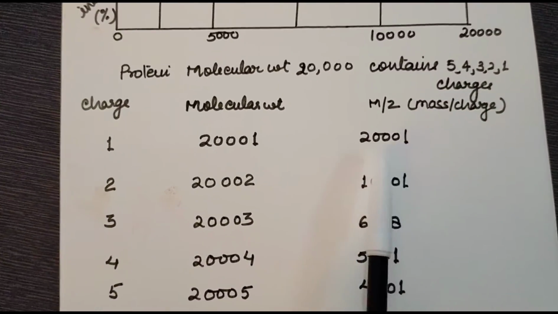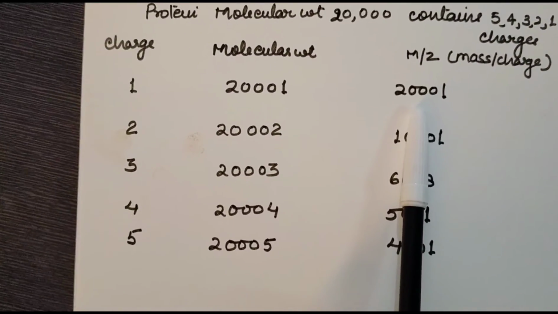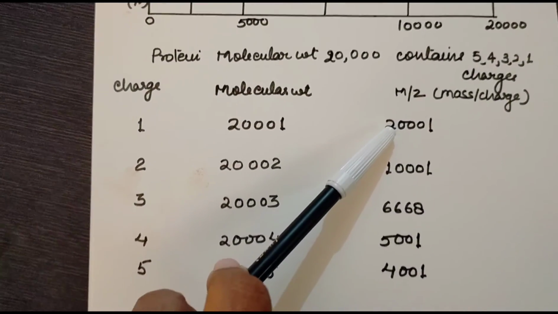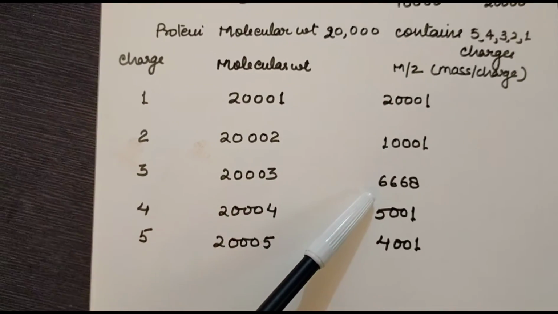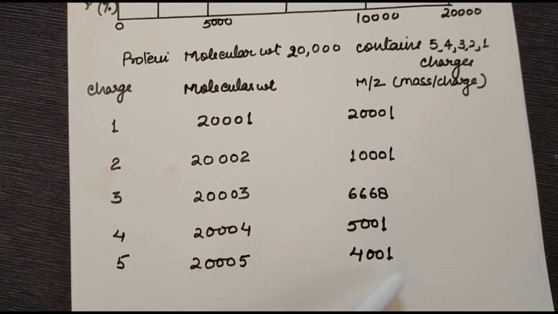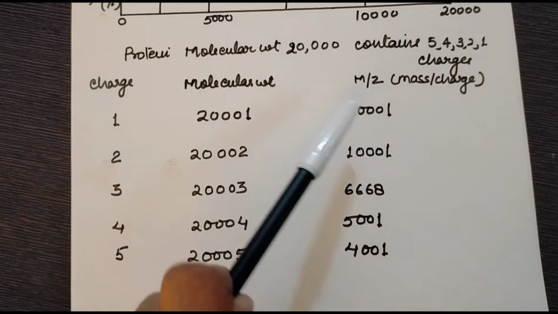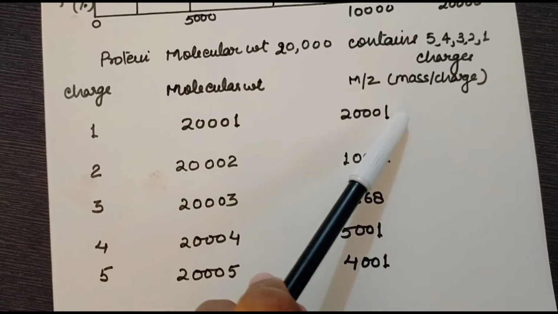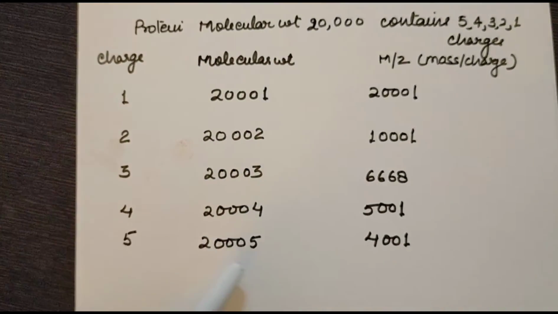But mass spectrometry takes the mass-to-charge ratio as its principle, and the difference between all the forms of protein is very big: 20,001, 10,001, 6,668, 5,001 and 4,001. So the mass-to-charge ratio will detect all the forms of protein as separate proteins. We can separate them with the help of the mass-to-charge ratio, not with the molecular weight.